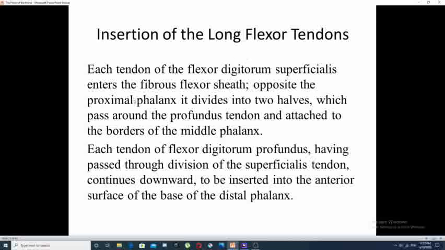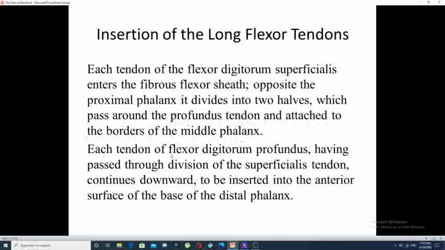Each tendon of the flexor digitorum superficialis muscle enters the fibrous flexor sheath opposite the proximal phalanx, and divides into two halves, which pass around the profundus tendon to be attached to the border of the middle phalanx.